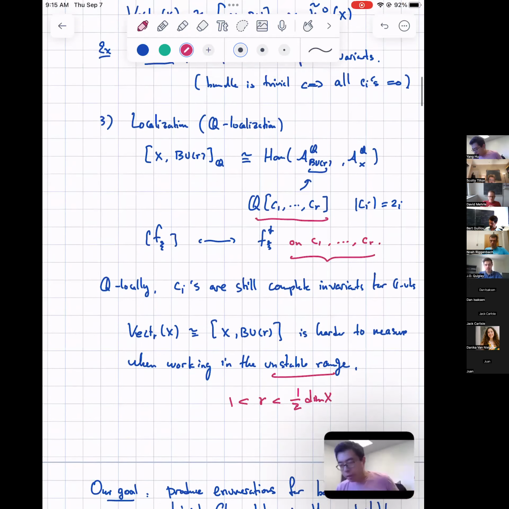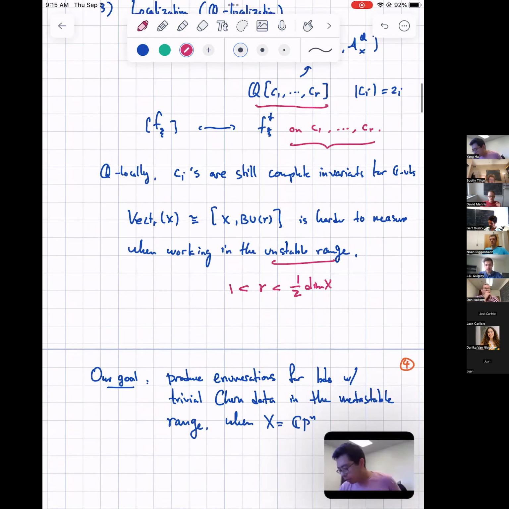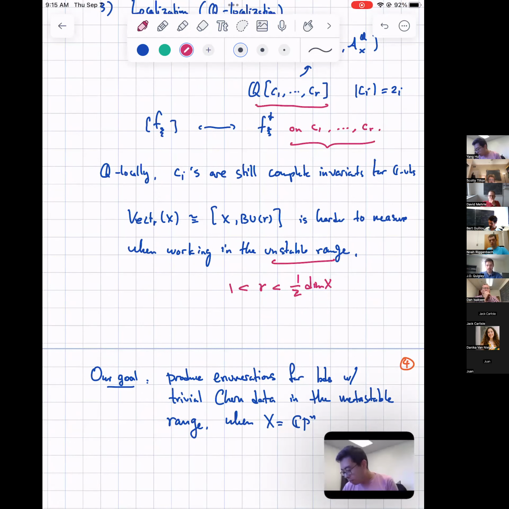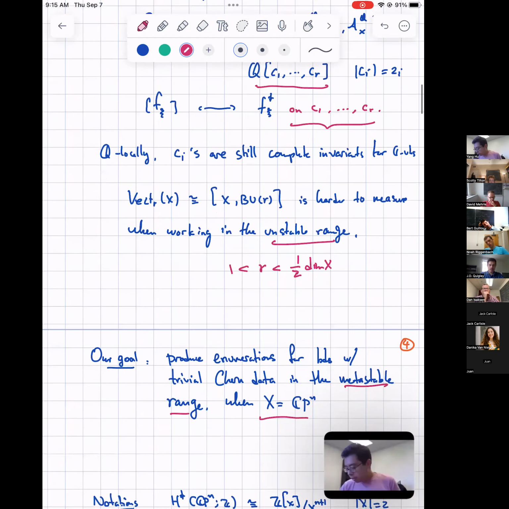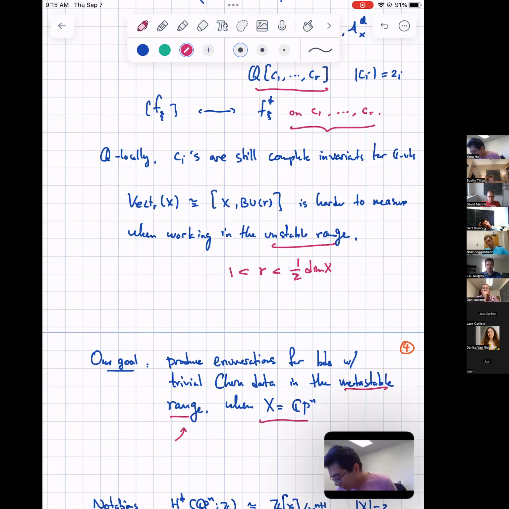Okay, so our goal here is to produce some enumeration results for bundles whose Chern classes all vanish in the case when X equals the complex projective space CP^N for general N in the metastable range. So the metastable range is when the rank R of the bundle is still less than half the dimension of the base space.